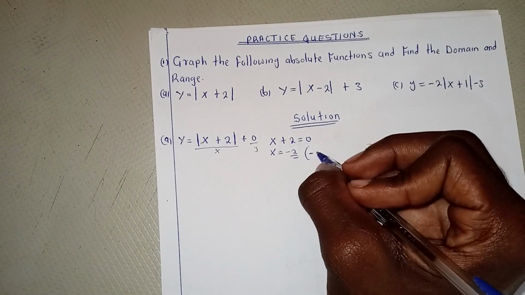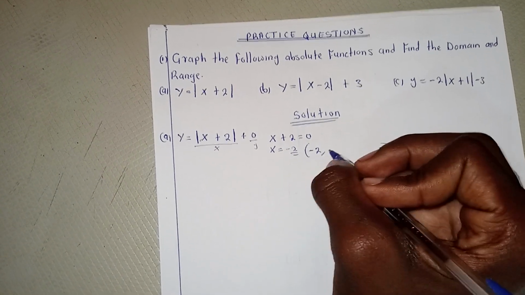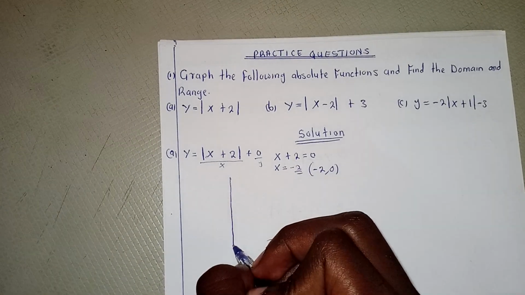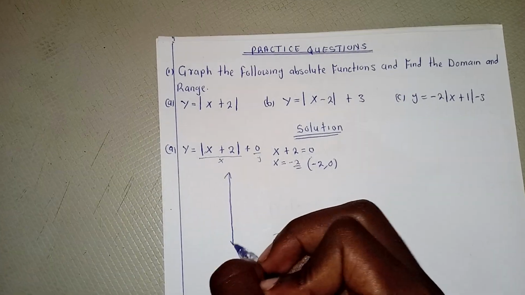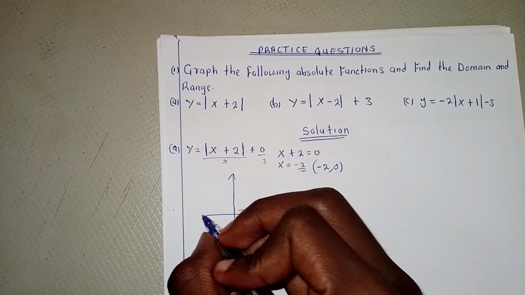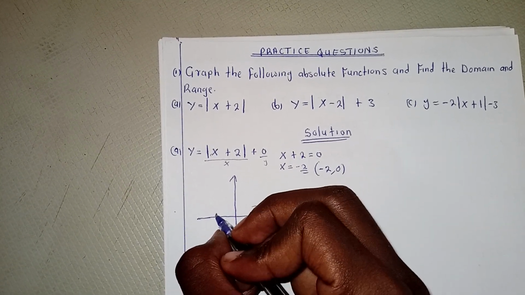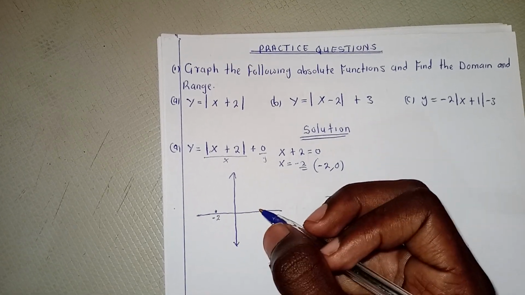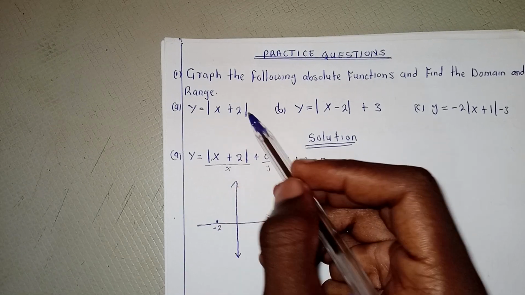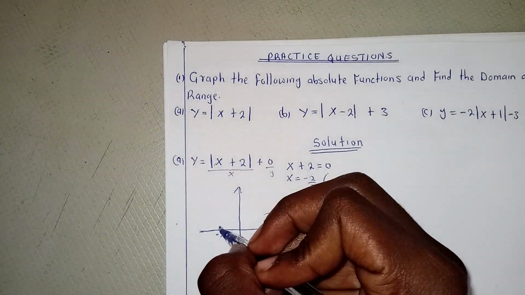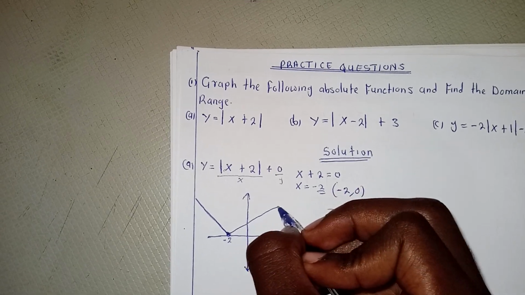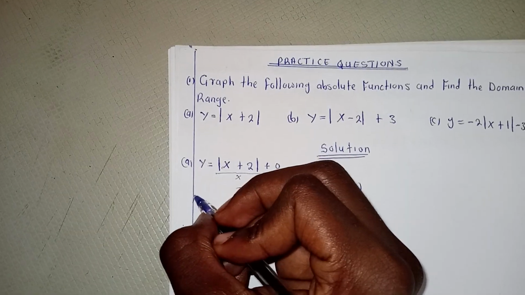Therefore, we expect to have some point negative 2, comma 0. If we plot this one, we are going to have a negative 2 here, like this. Now, since the absolute value is positive, then automatically we expect this guy to go like this.